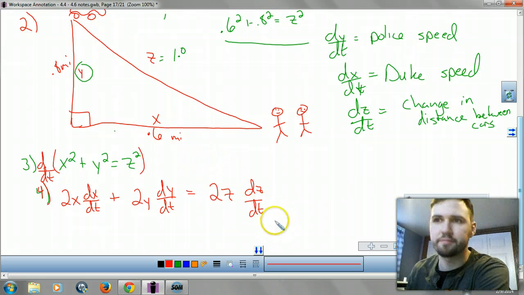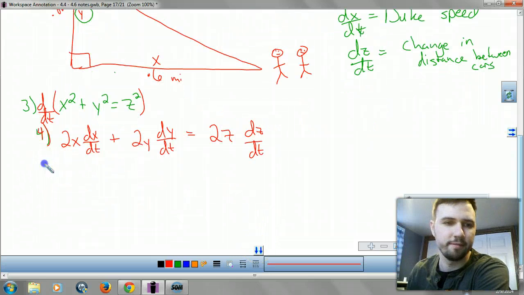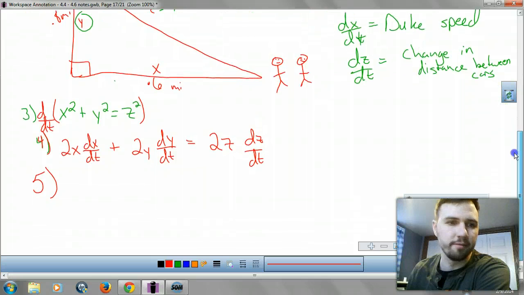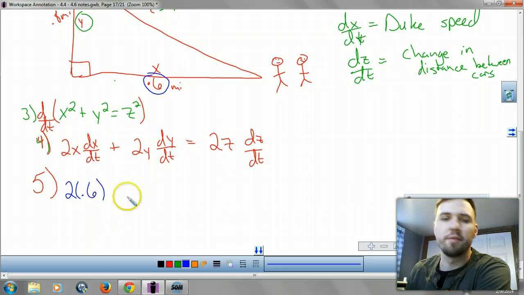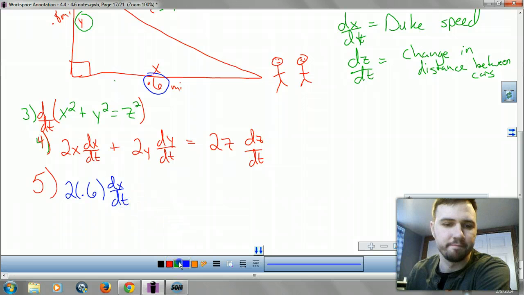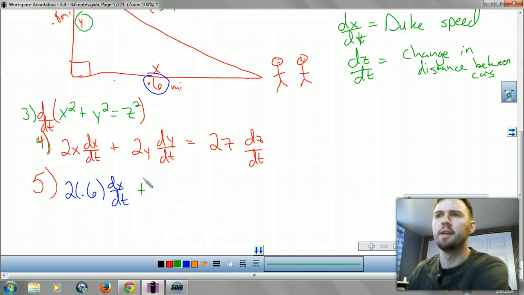Now, we go to step 5. We plug in what we know. Well, we know x is 0.6. So that's going to be 2 times 0.6 times dx over dt, plus.